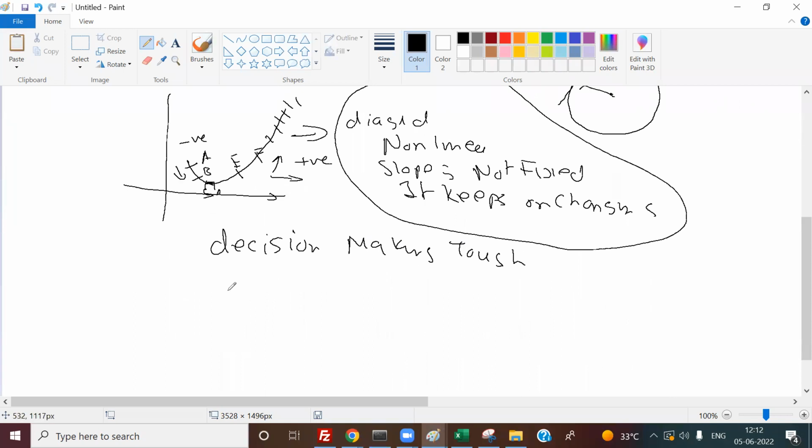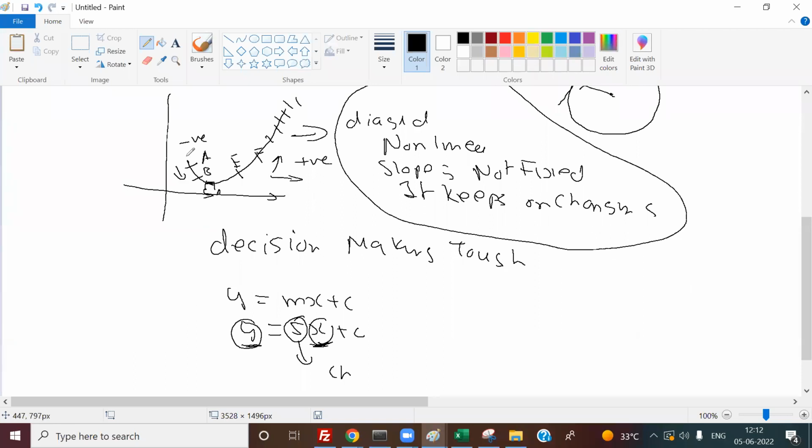See guys, remember linear equation, y is equal to mx plus c. If value of m is 5, and let's say c is 2, then I know that when x will change by 1 unit, y will change by 5 units. Why? Because m was fixed. But if m keeps on changing, then the rate of change of x, the impact on y will also keep on changing.